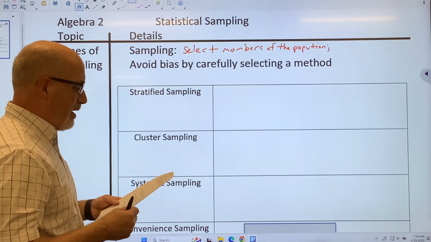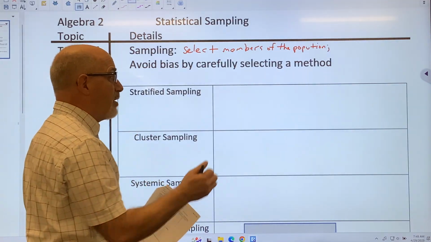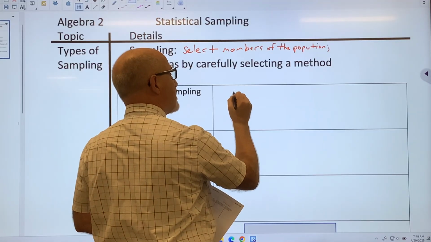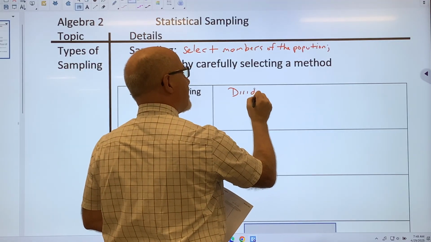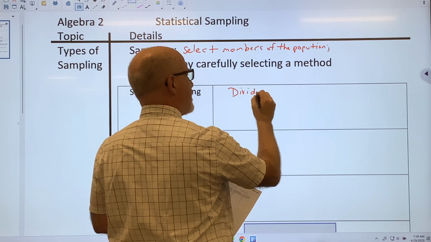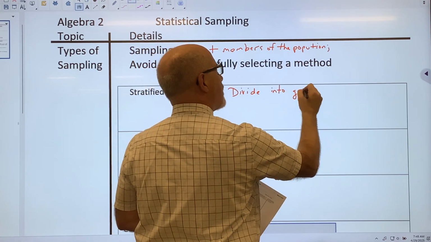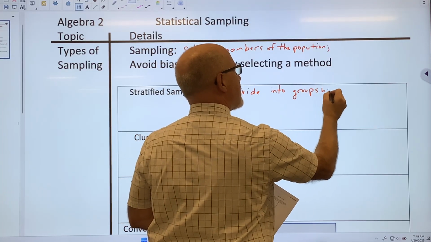Stratified sampling, this is where we divide the population into groups with similar characteristics.